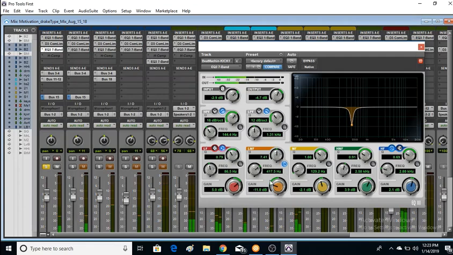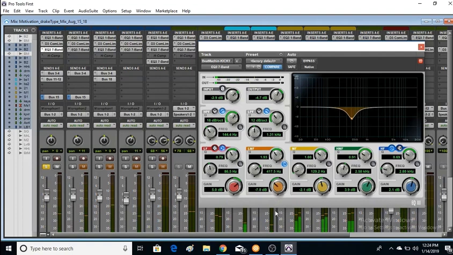The general principle is to be working with higher Qs. The higher the Q, the tighter your cut will be. When you're working with boost, it's generally seen as a great idea to work with smaller Qs, anything from around 0.5 to 2.5 is really good for when you're boosting.